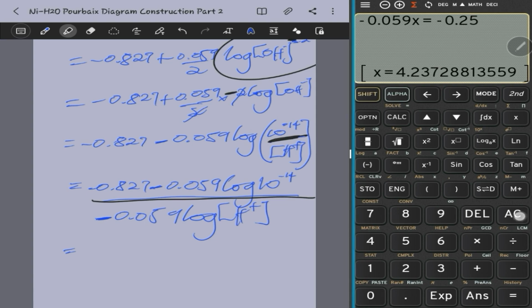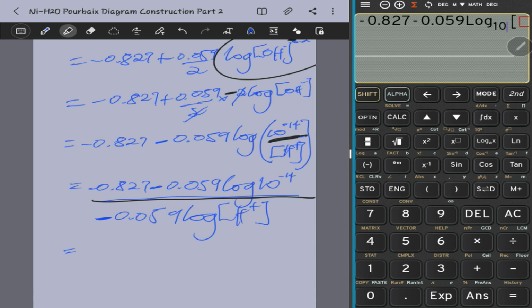So that means we have minus 0.827 minus 0.059 log, that's a mistake, of 10 to the power minus 14. Trying to zoom in so we can see it there. Okay. So this is what we have.